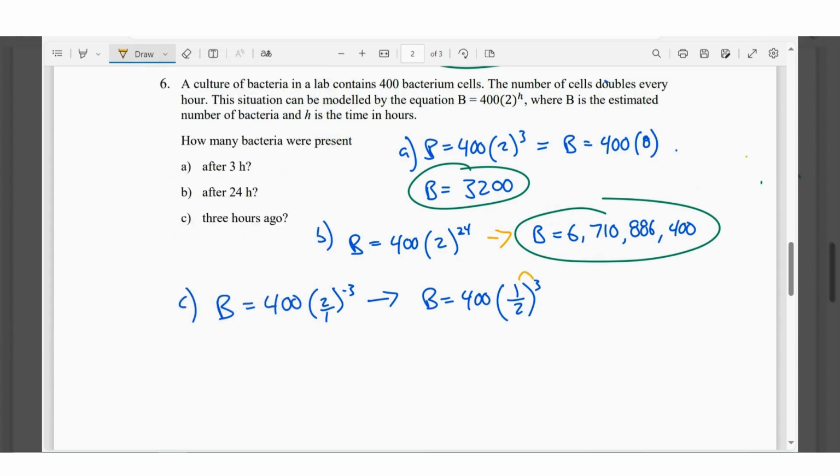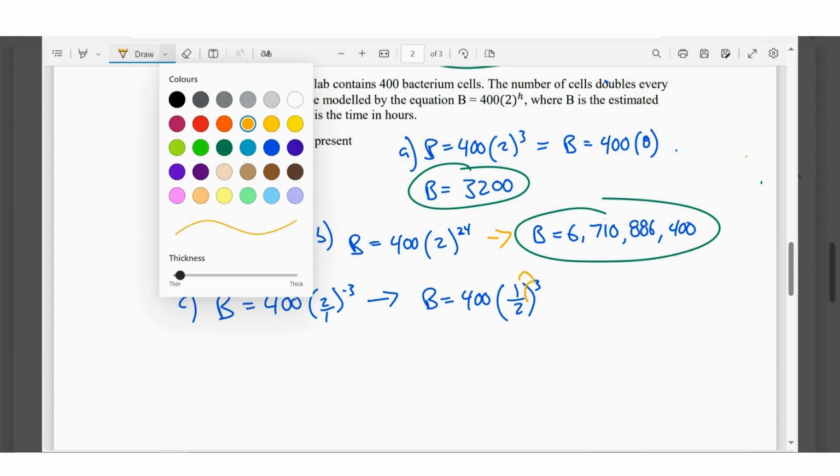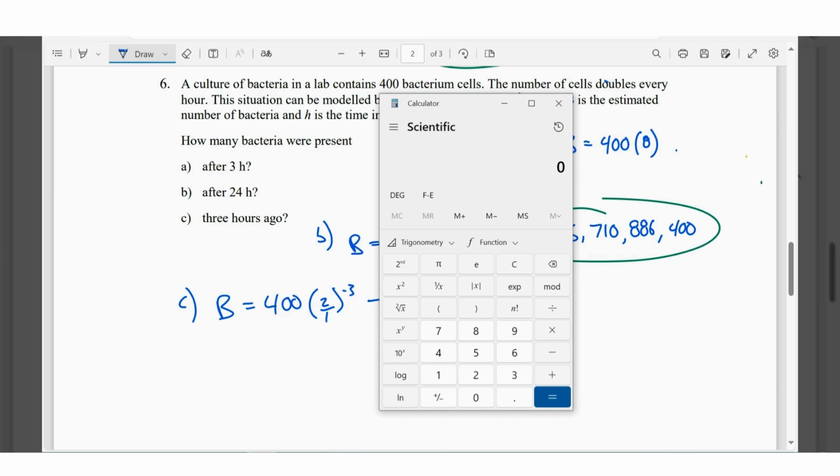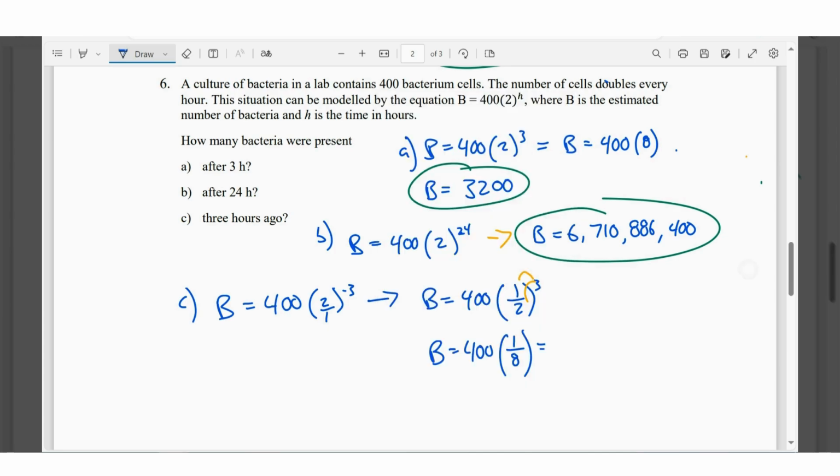And we can distribute this 3 inside. We get bacteria equals 400 times 1 to the power of 3, which is just 1, over 2 to the power of 3, which is 8. And 400 times 1 divided by 8 equals 50 bacteria.